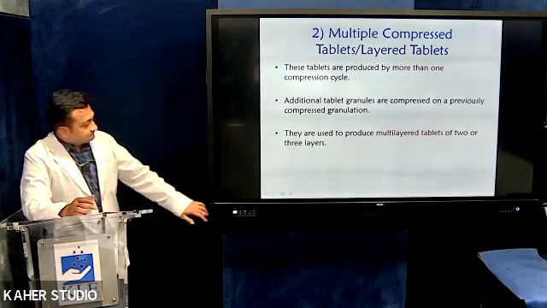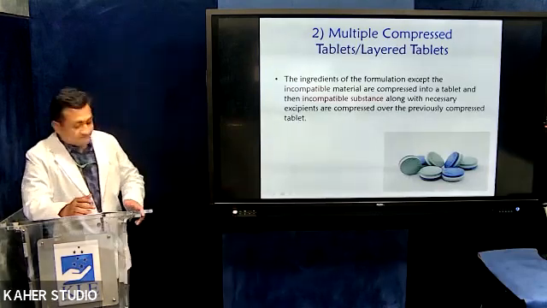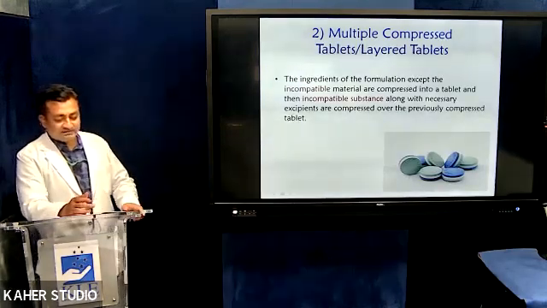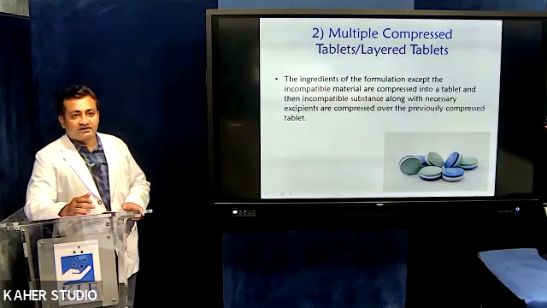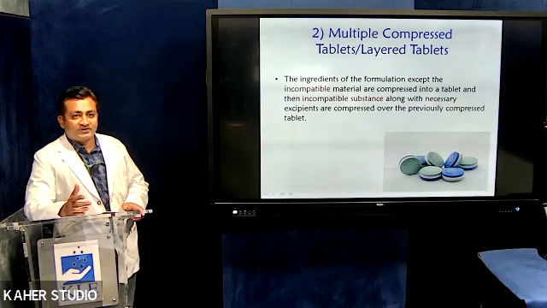The ingredients of the formulation except the incompatible material are compressed into tablet, and then the incompatible substance along with the necessary excipients are compressed over the previously compressed tablets.